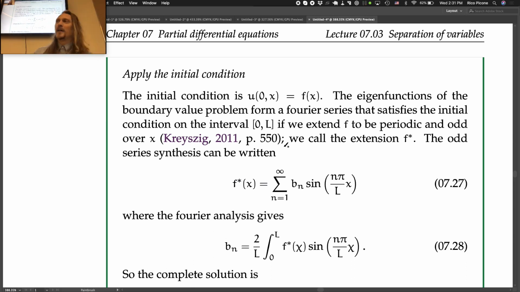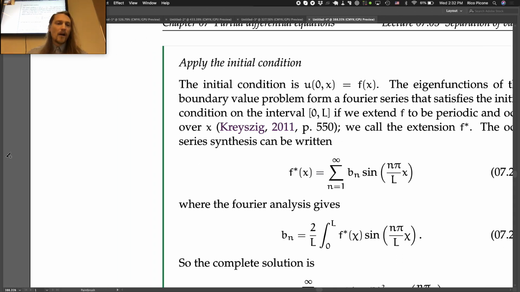So if we have a function that's defined over a finite interval, if we take copies of that and repeat the function over and over again, so for instance, if you had some function from 0 to L that looked like this, the extension of this that's periodic and odd would look like this on that side, and then this, and then it would repeat, etc. So then you could extend it out.